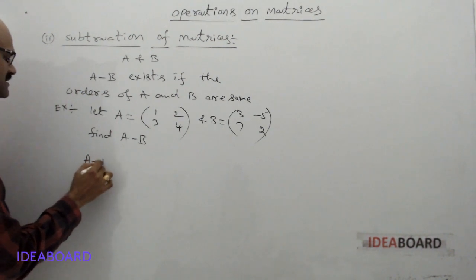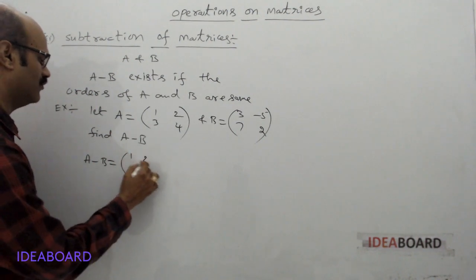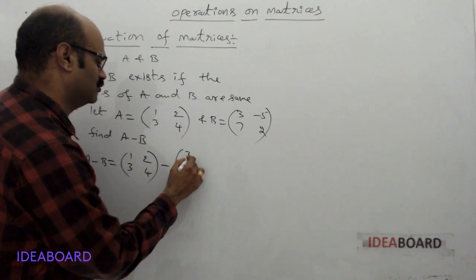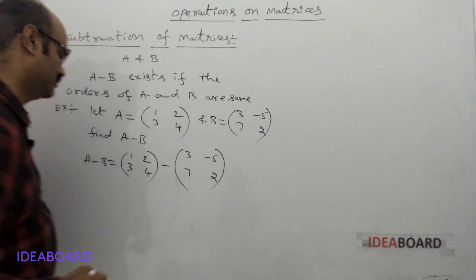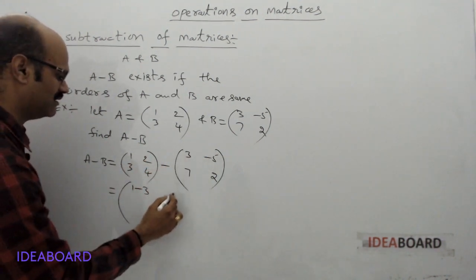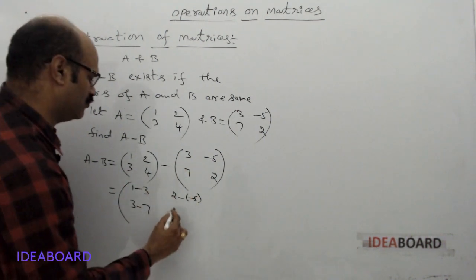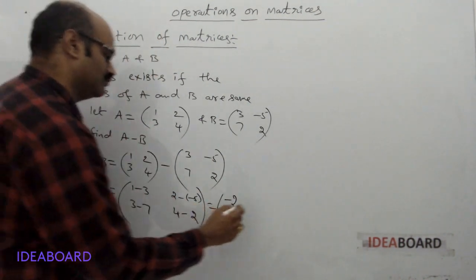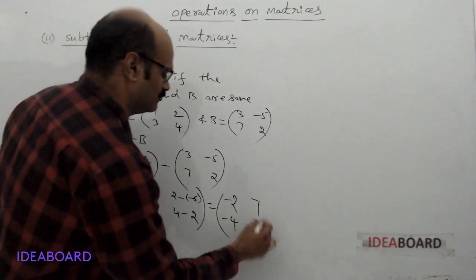Now, A minus B equal to the matrix A equal to, here we are having [1, 2; 3, 4] minus the matrix B equal to [3, -5; 7, 2] equal to 1 minus 3, 2 minus of minus 5, 3 minus 7, 4 minus 2 equal to minus 2, 2 plus 5, 7, 3 minus 7, minus 4, 2.